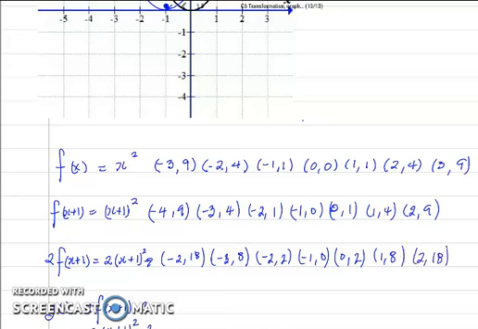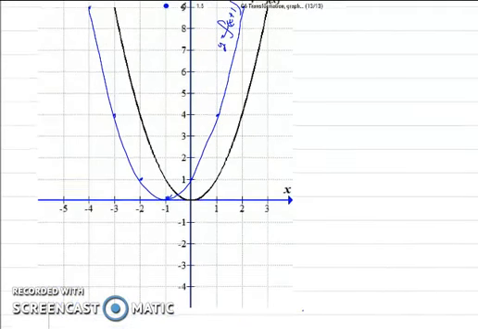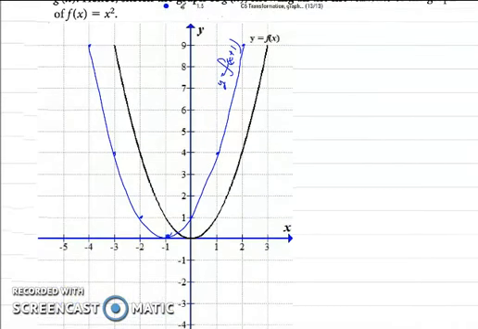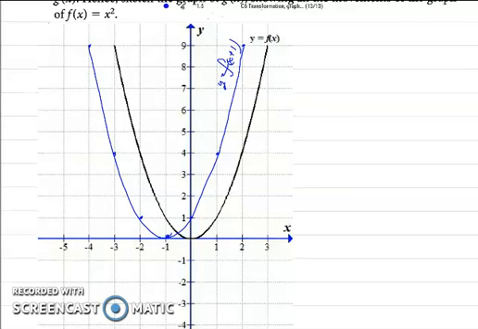All right, so some of these points I'm guessing are not going to hold, but minus 3, 8, that will hold. That's here. Minus 2, 2, that's going to come here.